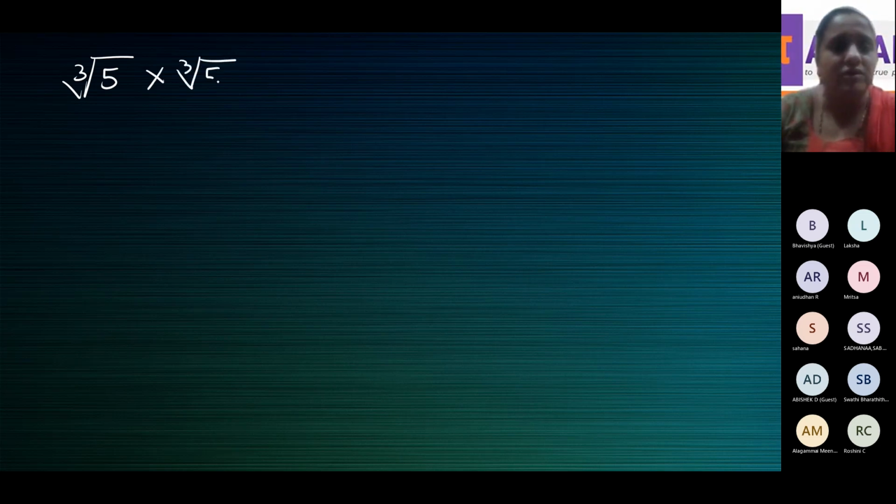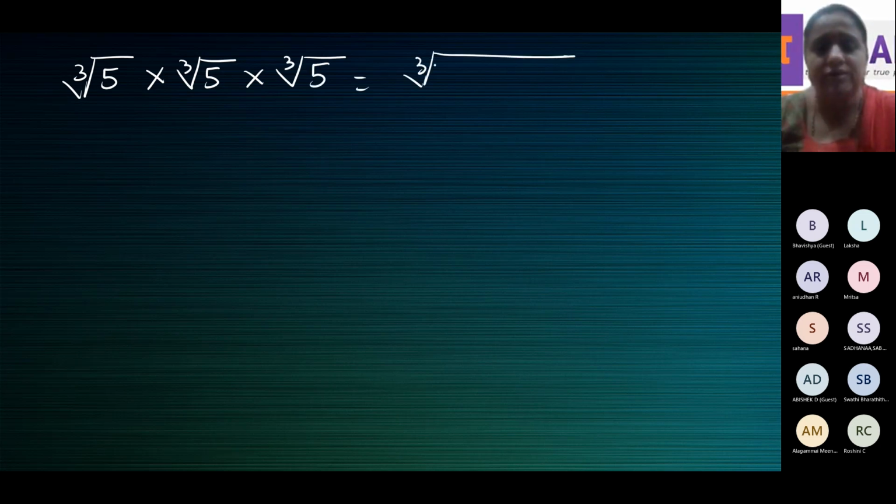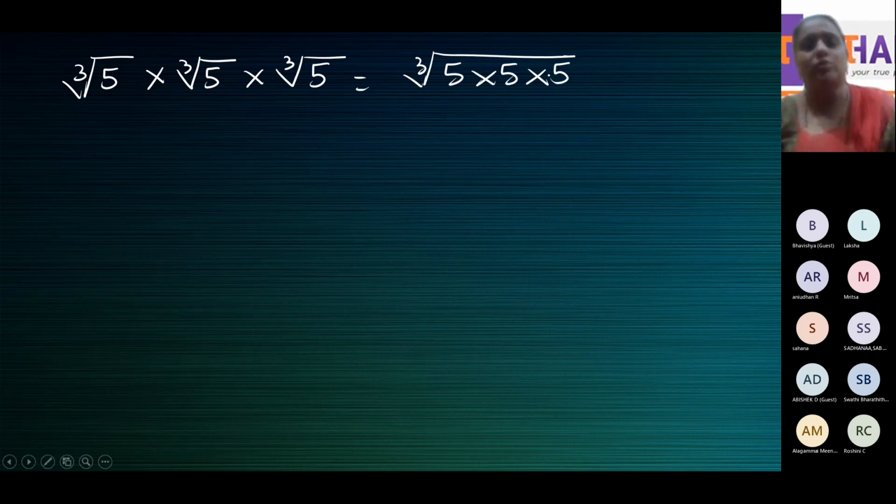Now, if it is cube root of 5 into cube root of 5 into cube root of 5, this will be cube root of 5 into 5 into 5, because everywhere it is cube root. So you can write the cube root once and put all the numbers under it.